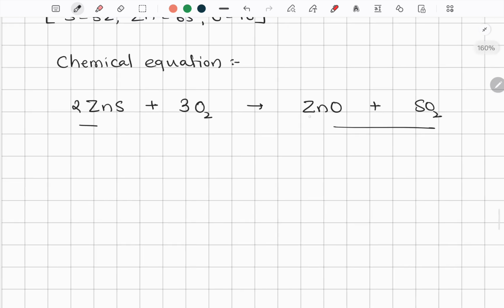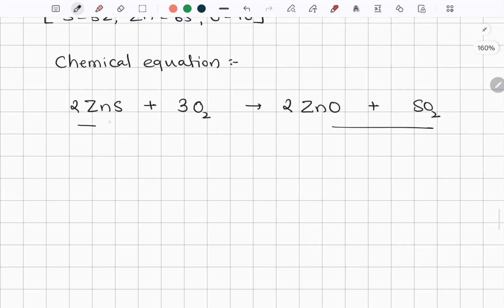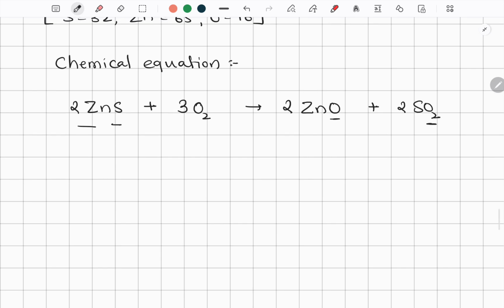So 2 zinc, here also 2 zinc, 2 sulfur, here also 2 sulfur, 3 times 2, 6 oxygen atoms. Here 2 oxygen atoms, and 2 times 2 is 4 oxygen atoms, that means 2 plus 4, 6 oxygen atoms over here, and 6 oxygen atoms over here. So this is now our balanced chemical equation.